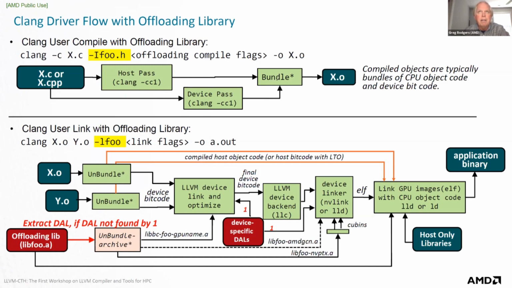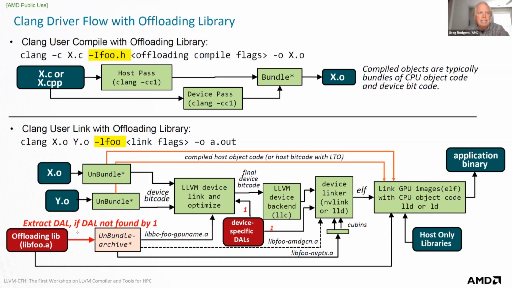But internal to the Clang environment, the bundle tool, the unbundle tool, and now the unbundle archive tool are basically using the same binary with just different options. So what will happen is, if necessary, the extraction will be pulled out of the offloading library here, libfoo.a.